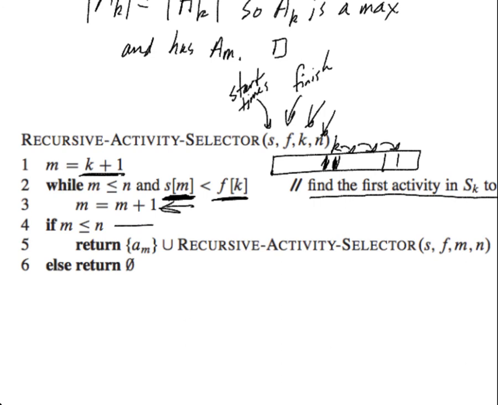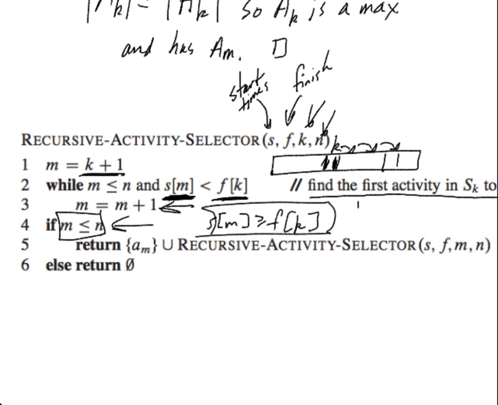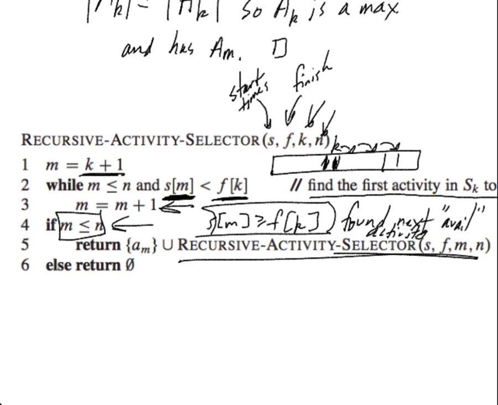So after we've ended the loop, either we're at the end of the array, in which case m would be equal to n, or s sub m, the start time of m, is greater than or equal to the finish time of k. And so we found the next available activity. After we've done that, we simply make a recursive call. So that's the recursive formulation.